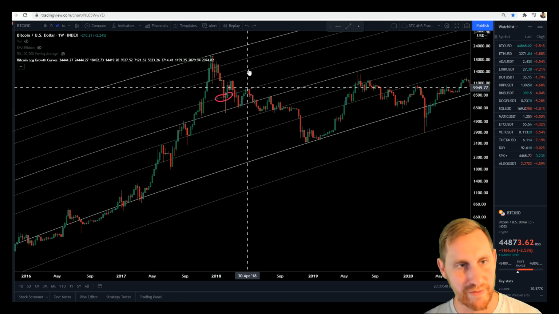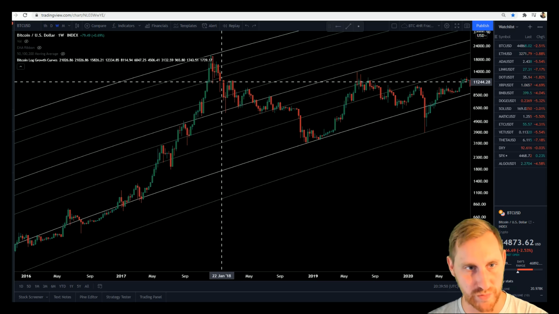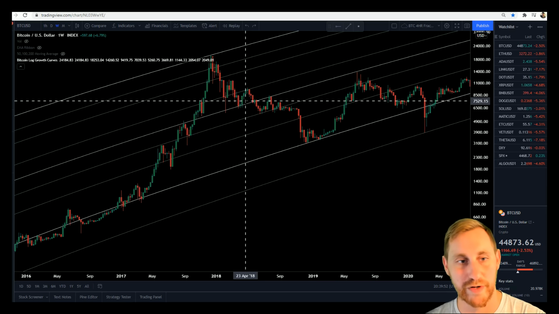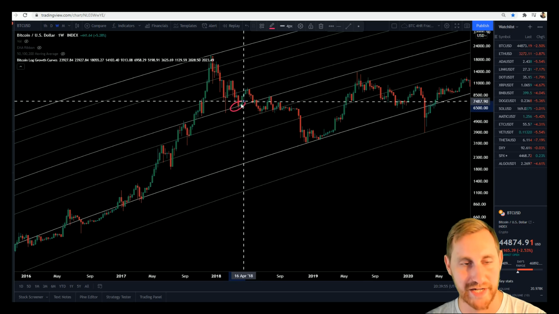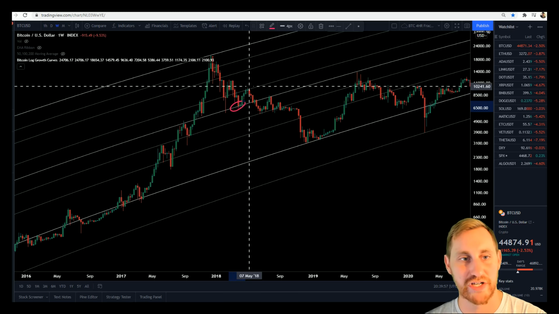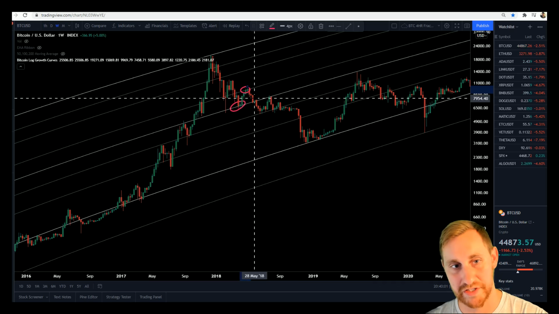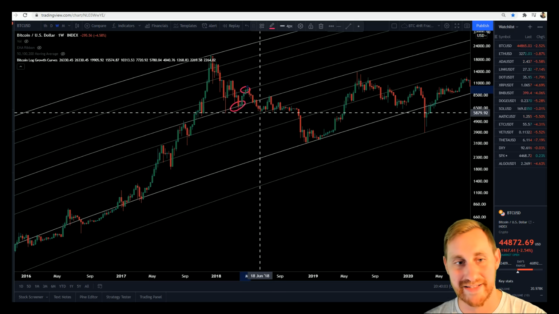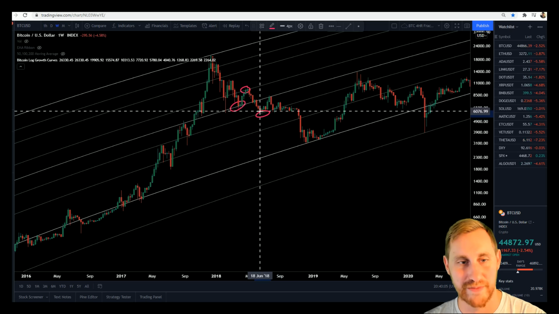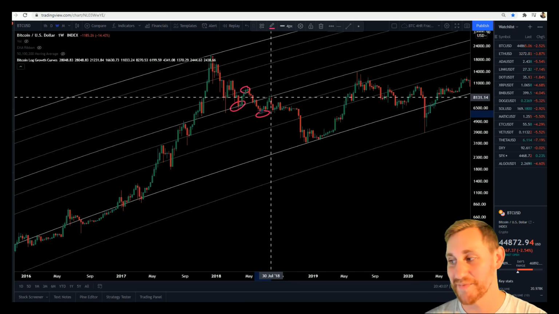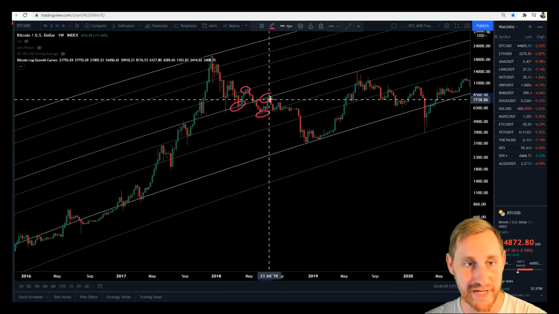So that was a fail. On the next one, we came back down to the 0.5 Fibonacci, the middle Fibonacci, bounced back up, and could not reclaim the next Fibonacci level. Then we dumped, held it as support a little bit, but came back down, bounced off this Fibonacci level, and bounced back up right to this Fibonacci level.